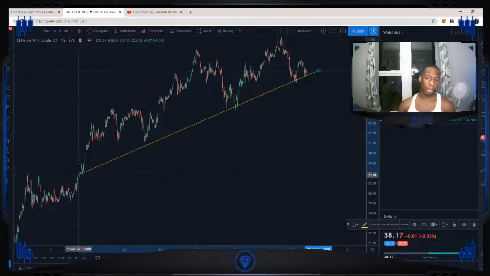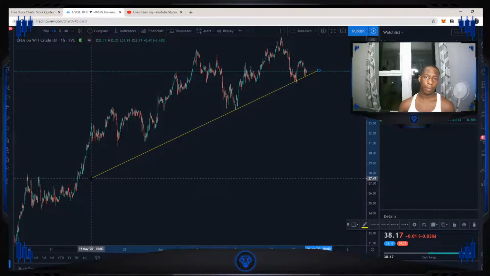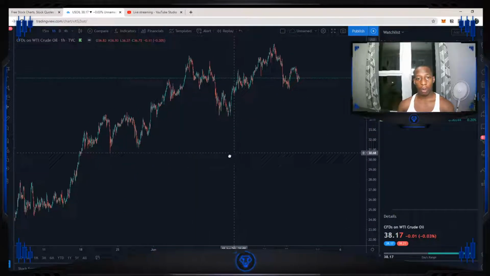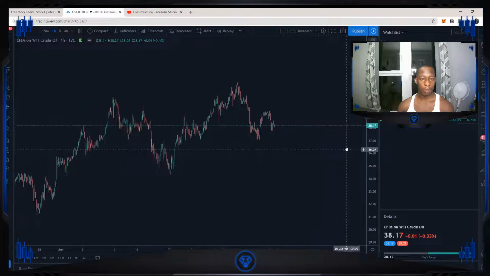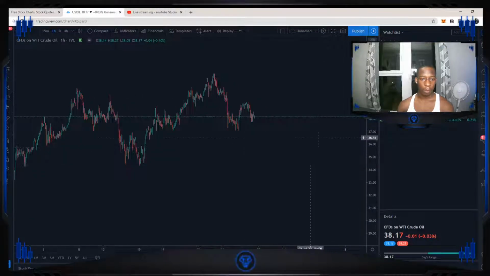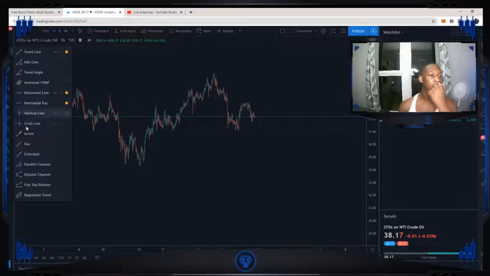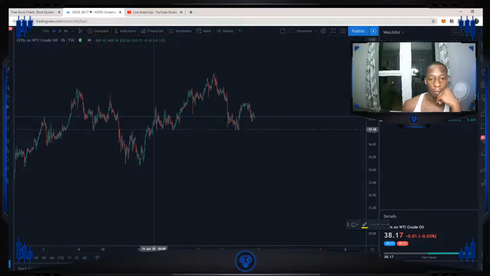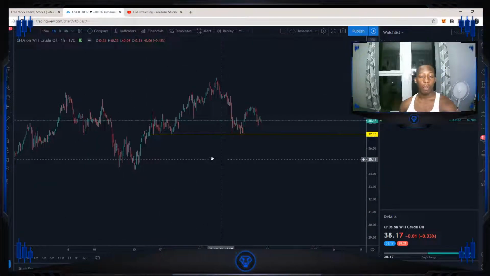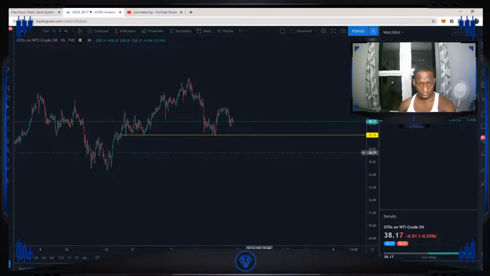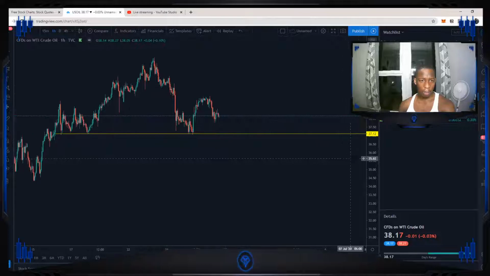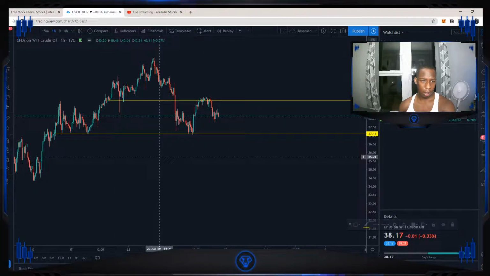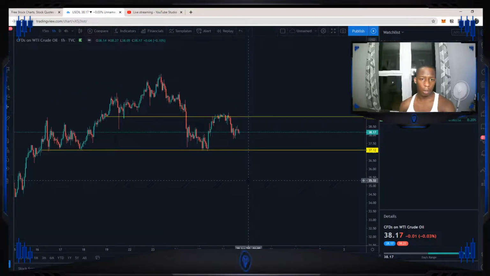There's no real trend here, is there? Get rid of that trend line. You know what, let me just drop the key levels that I'll be looking for. For oil, I'll be looking for this level. Very key level in the market. This level as well.